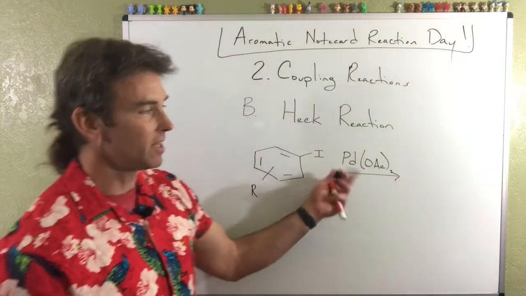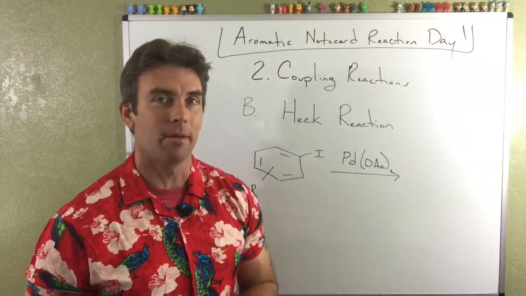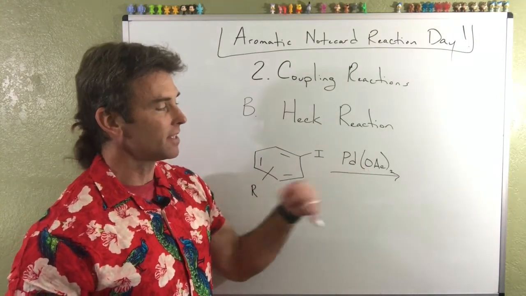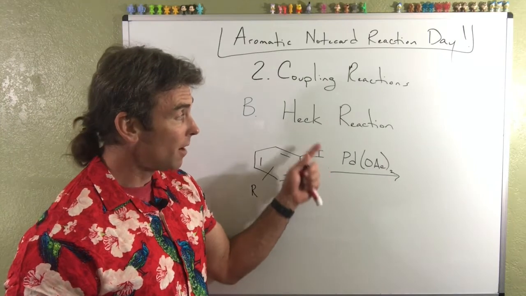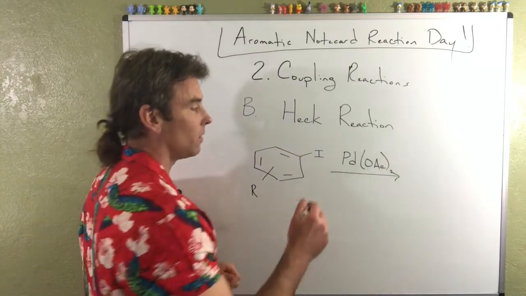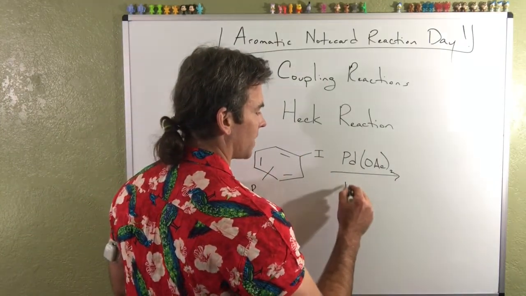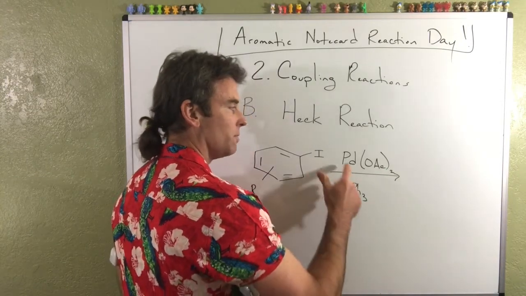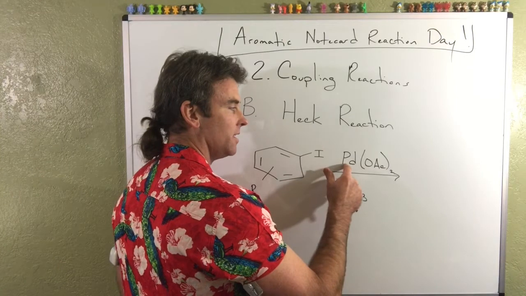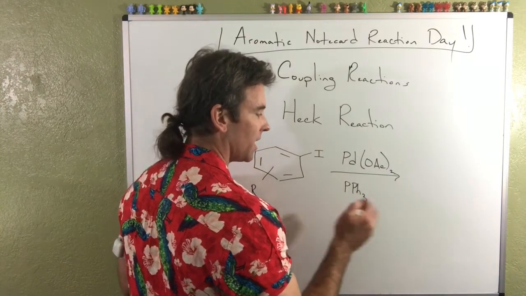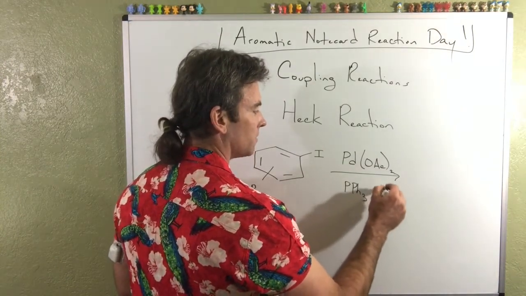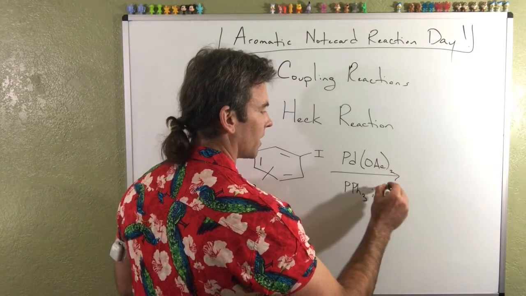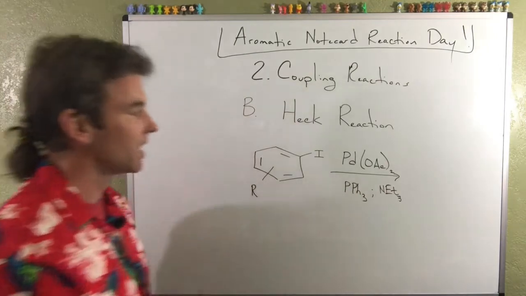In this case, just because I think it was the most primary one in your book, I'm going to use a palladium acetate salt. The Heck reaction almost always has some sort of triphenylphosphine present as a ligand that contributes to the d orbital reactivity of that palladium, and then usually some sort of organic base like triethylamine or something like that.